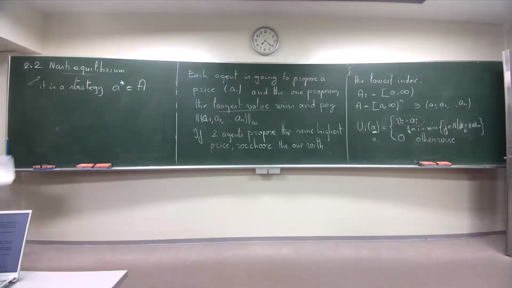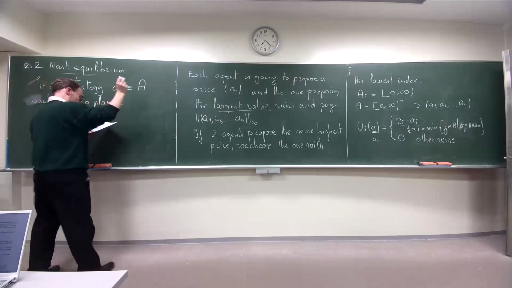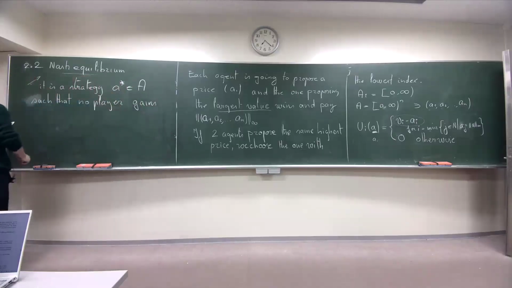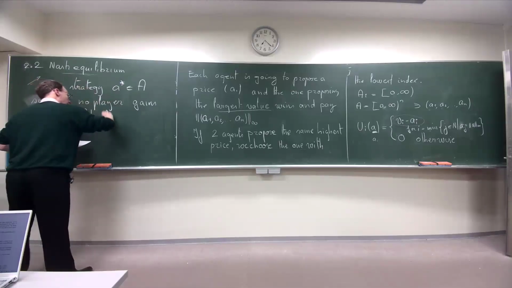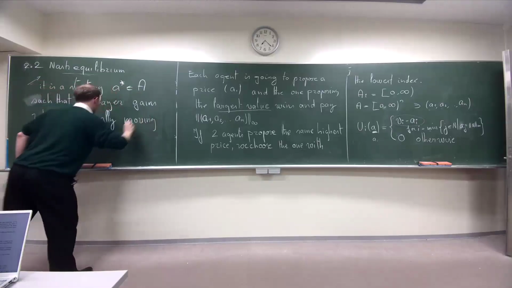So it's a strategy profile so that, I will give a more precise definition in a second, no player gains, increases its utility function when, and this is important, unilaterally moving from it.